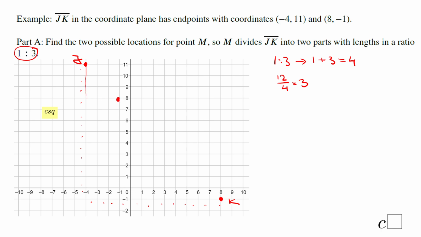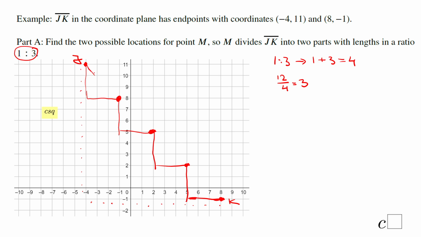Hopefully we do a good job; we'll see at the end. 3 down, 3 right, the second segment, 3 down, 3 right, and now we'll see if we did a good job. 3 down, yeah, we did a good job. We are back at K, and we're lucky this problem can be worked graphically.